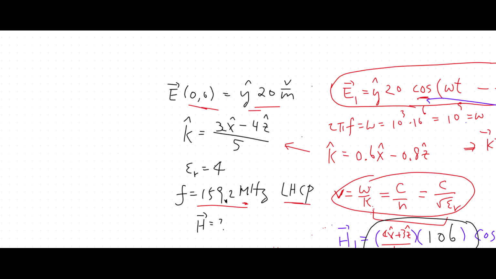What I'm saying is E1 cross E2 or H1 cross H2, the same thing, will give me, these are all hat direction only. If I use right hand, then this is a right hand circular polarization. If I use left hand to do this cross product, then it's a left hand circular polarization. Right? So H1 cross H2, same thing. Doesn't matter because E and H, they always go together.